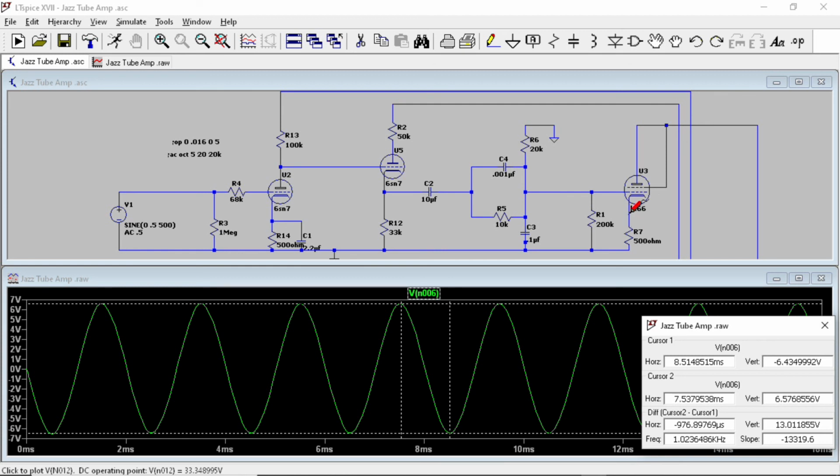But if I look here, I have 33 volts coming out of it with that 500 ohm resistor. So it's looking pretty good. Right now, if I built this, it would work. It'd be a good working amplifier, but we're going to dial it in just a little bit more before we get into making the parts list and then ordering the parts and getting to building it.